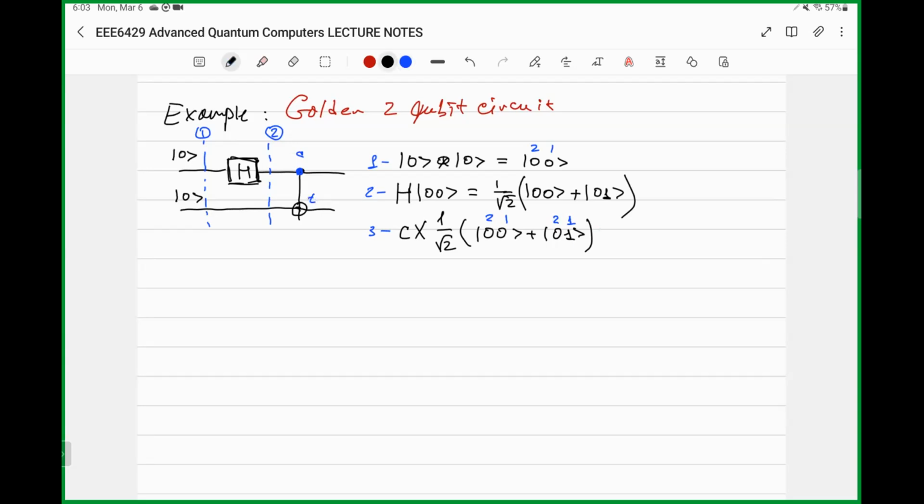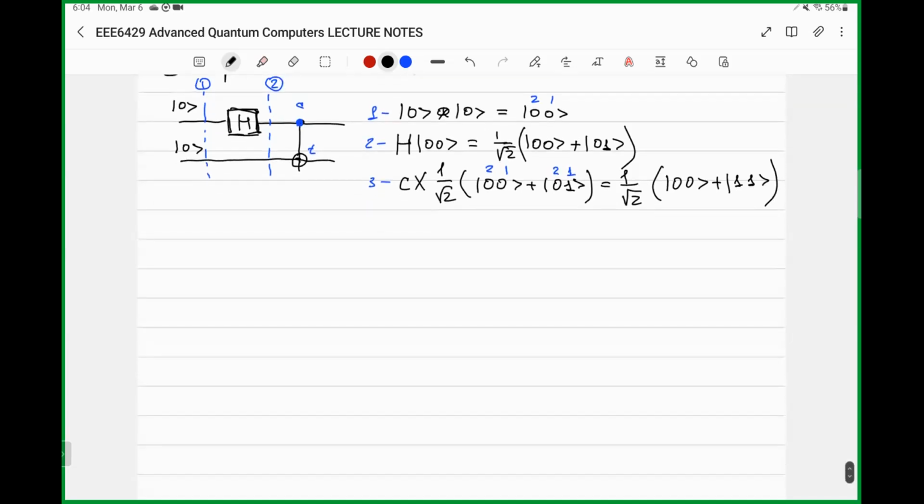So the result will be the coefficient 1 over square root of 2. Then the first term gets 0 for the first qubit, so my target doesn't change, so it will still be 0 0. Then plus the second term. The second term gets 1 for the control qubit, so I have to flip the target. So it will be 1 1.